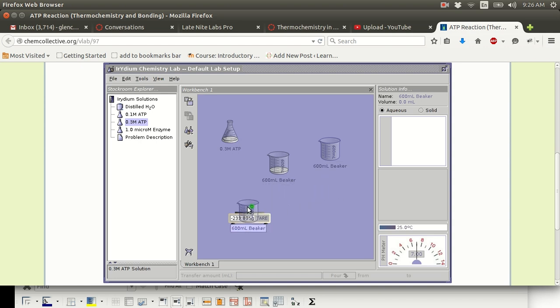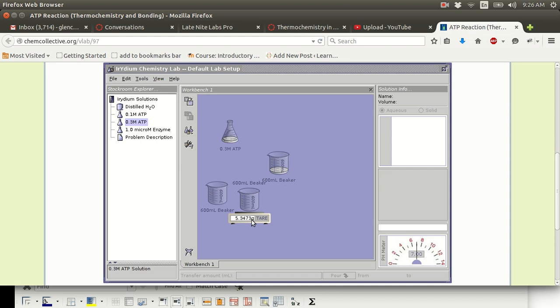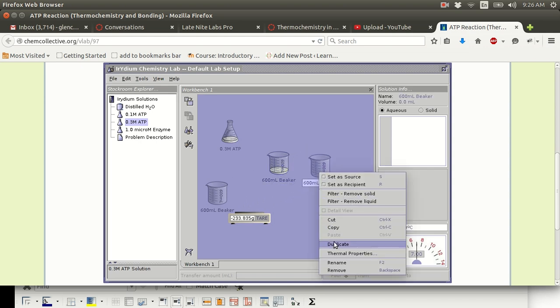Look, this empty beaker, it is not 0. It should have been 0 because the balance was tared to think that this empty beaker was 0. And look at this. There's yet another number here.